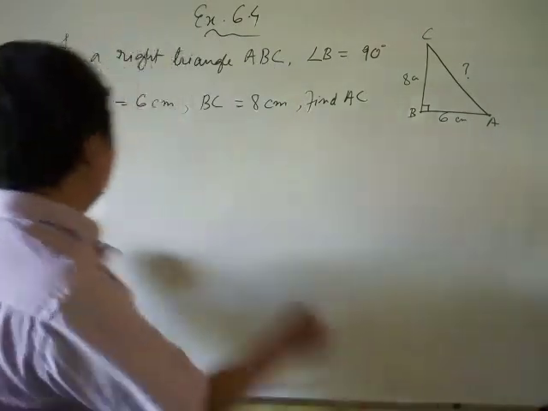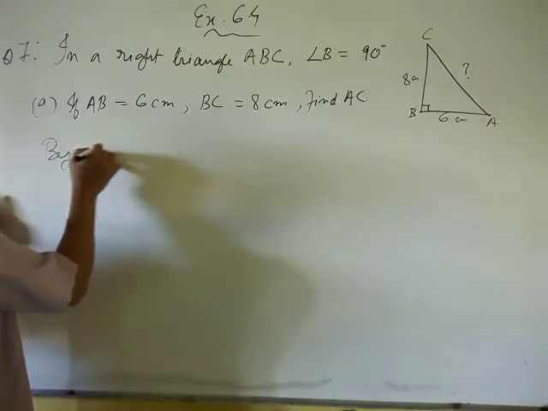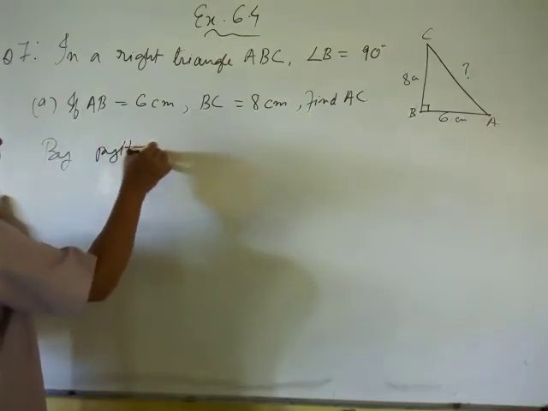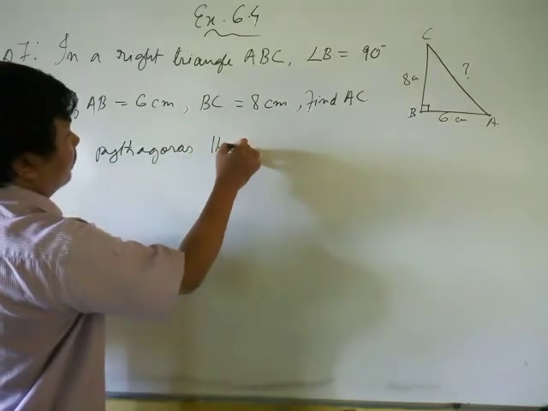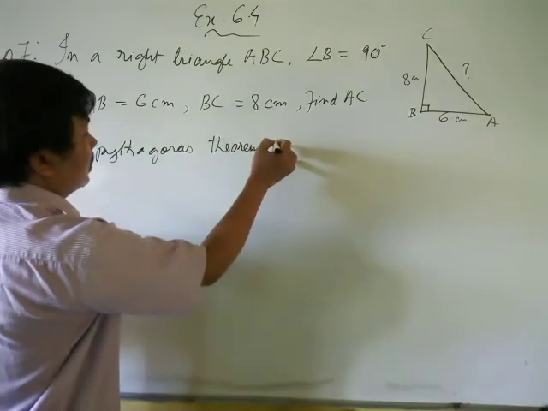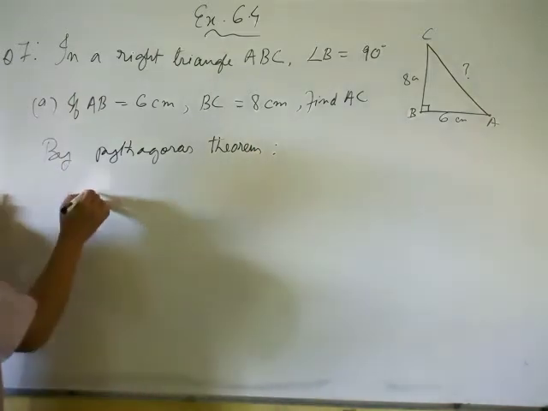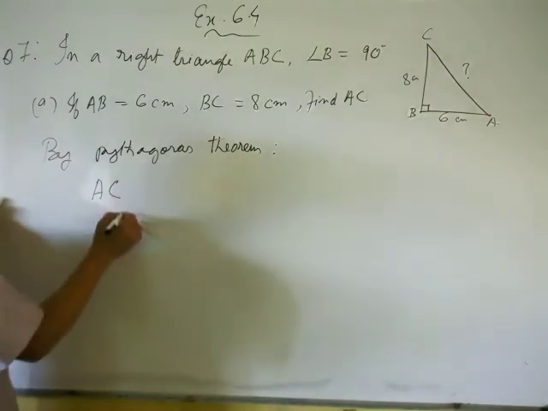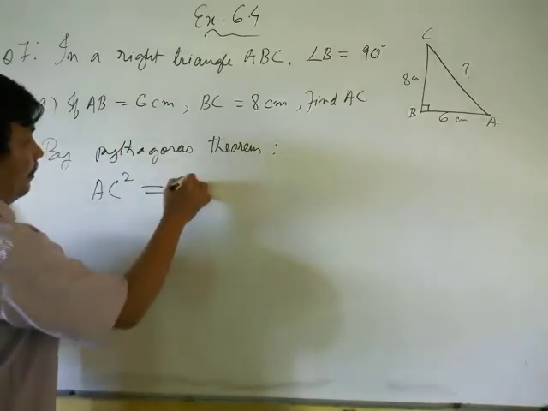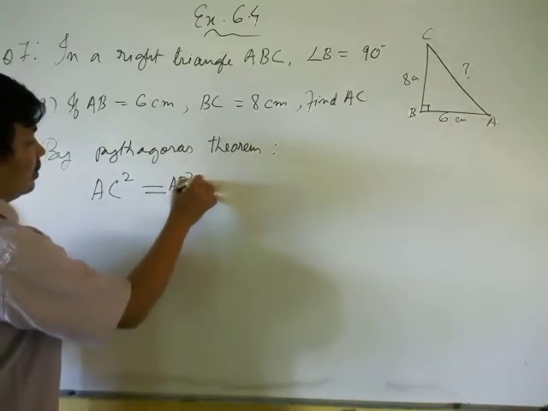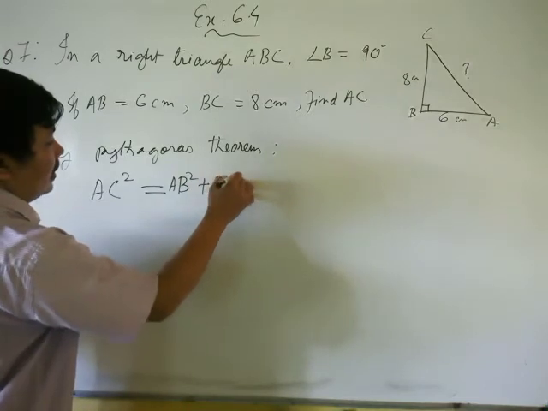That means by Pythagoras theorem, we have AC square is equal to AB square plus BC square.